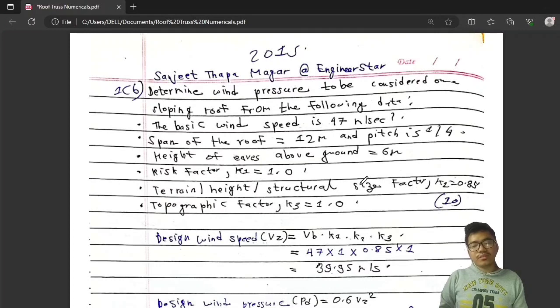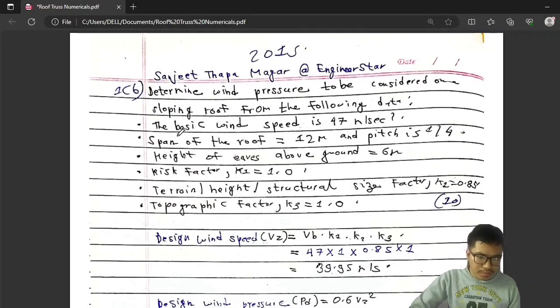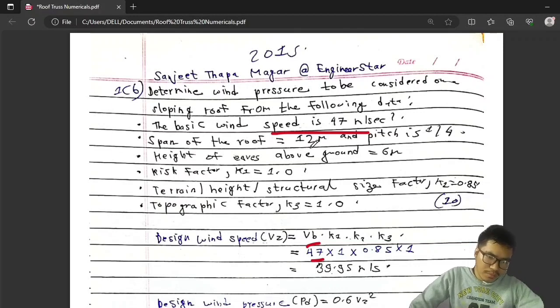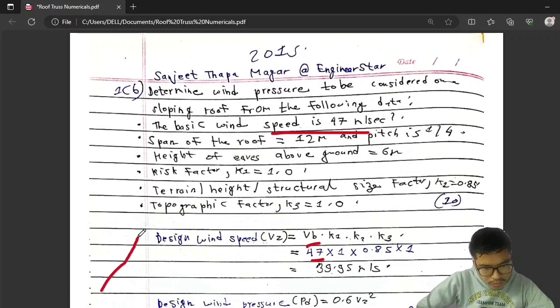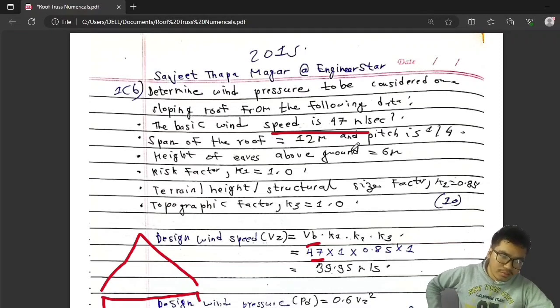Determine wind pressure to be considered on a sloping roof from the following data. Basic wind speed, that is Vb, is 47, and span of roof is 12. If this is a roof truss, then span is from here to here, which is 12, and pitch is 1 divided by 4.